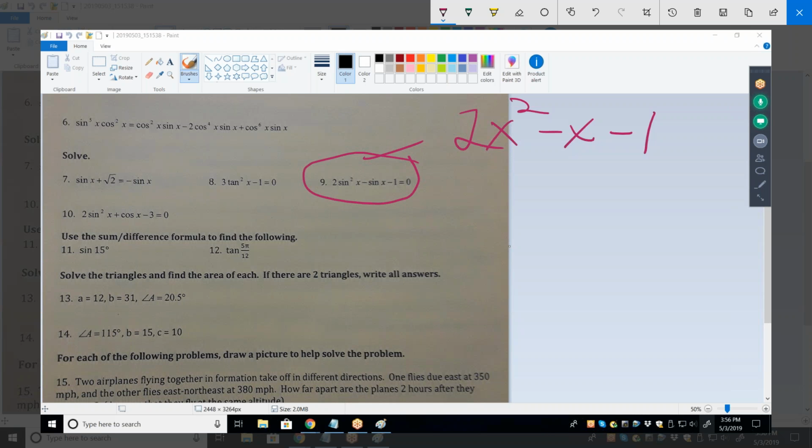Just like this one is called a quadratic in x. So if I want to solve this, I'm going to factor it, just like I would a polynomial. And I get 2 sine there, and I get sine there. In other words, I split up the sines.